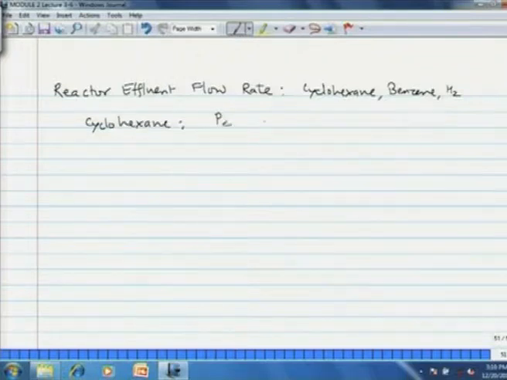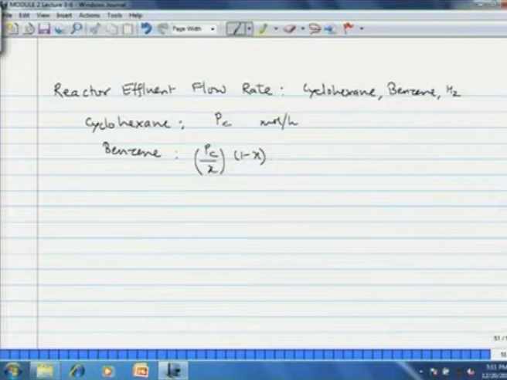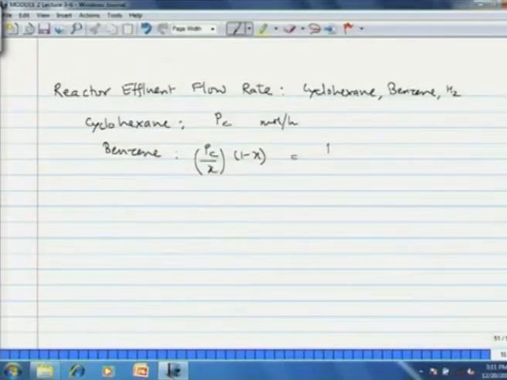Cyclohexane will be Pc mole per hour, because that is what we started with. Benzene will be total benzene fed to the process is Pc by X, out of which unconverted is 1 minus X, because X is conversion. So, that is Pc into 1 minus X by X.